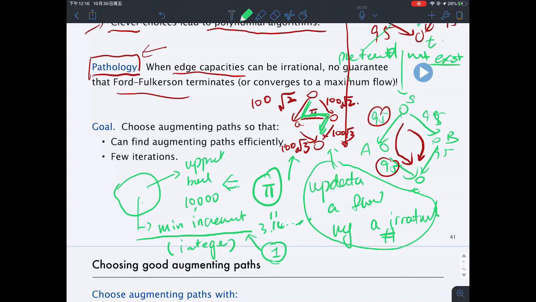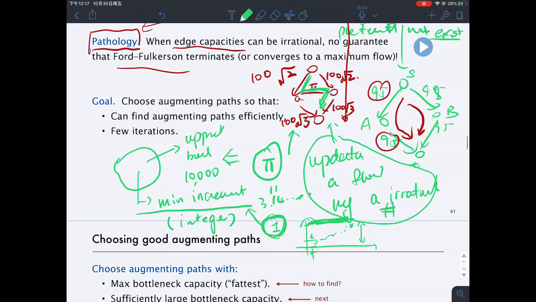So if every time you increment the flow by at least 1 unit, and eventually there's an upper bound, that means you need only a finite number of rounds before you have to stop. But this argument falls apart if your increment can be an irrational number, some number that's very, very small, right?